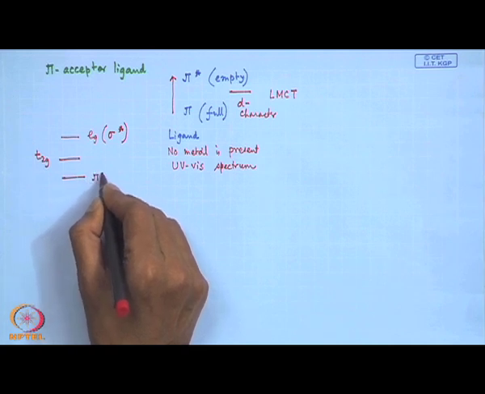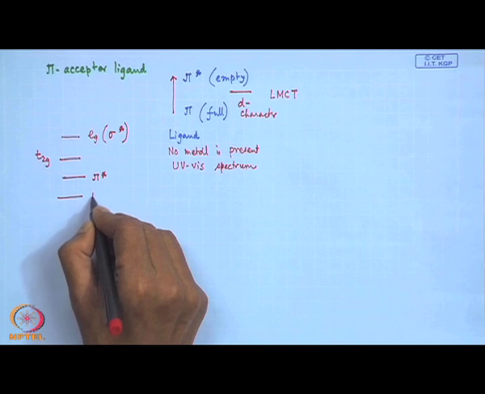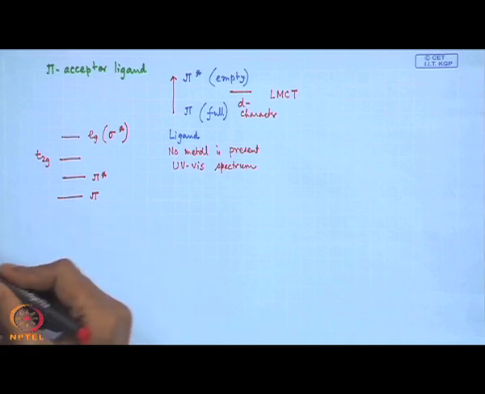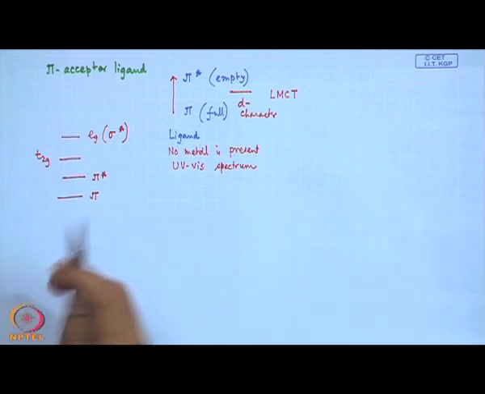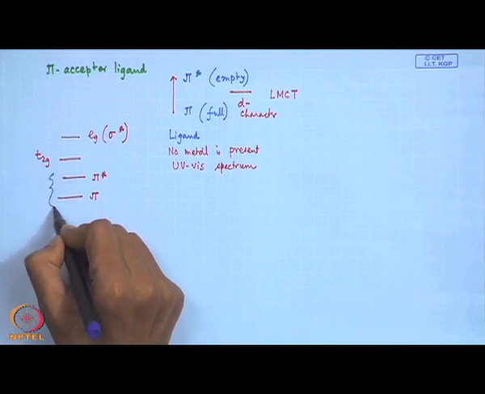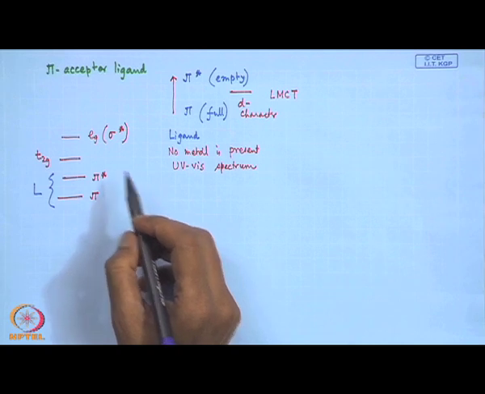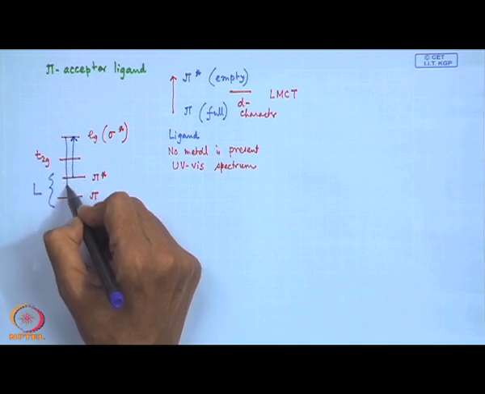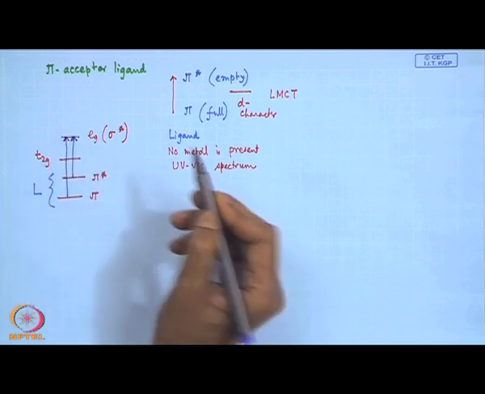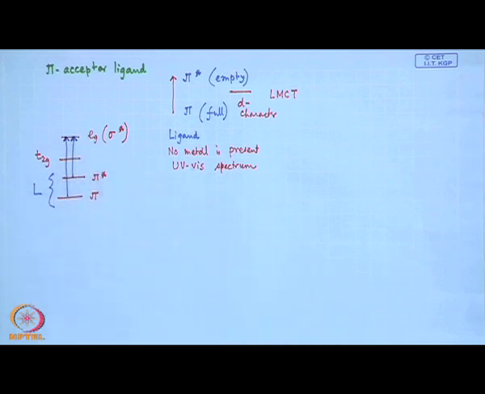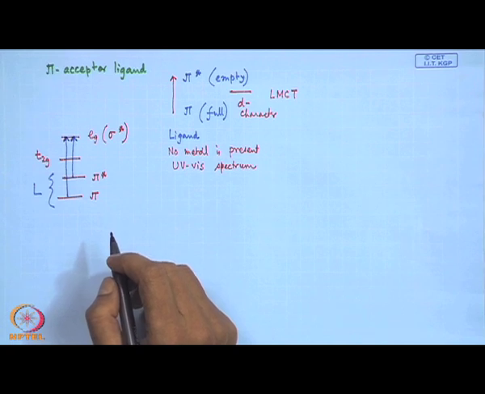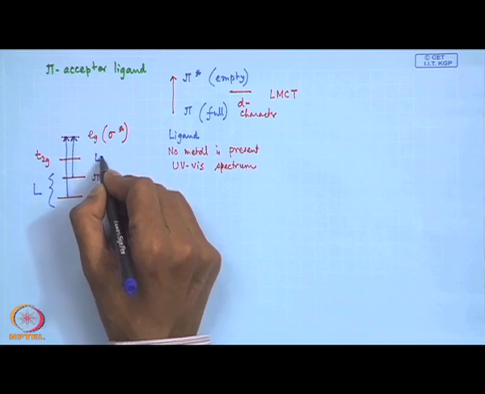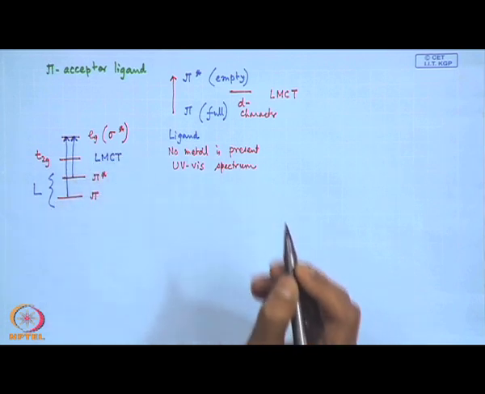We also have the pi star as well as pi level. If both of them are full, that means if the pi level as well as the pi star level of the ligand is full, we can have the electronic charge transfer from this level to this level or this level to the Eg level. This basically gives us transitions which would be of LMCT type.